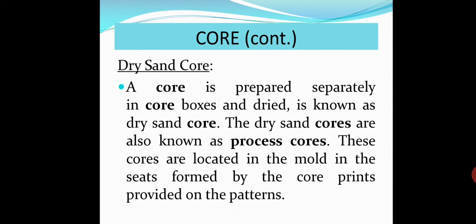In the previous case, the pattern prepares the core itself, the green sand core. But here the pattern prepares a seat that is known as a core print, where after removing the pattern, this separately prepared core is placed inside the mold.